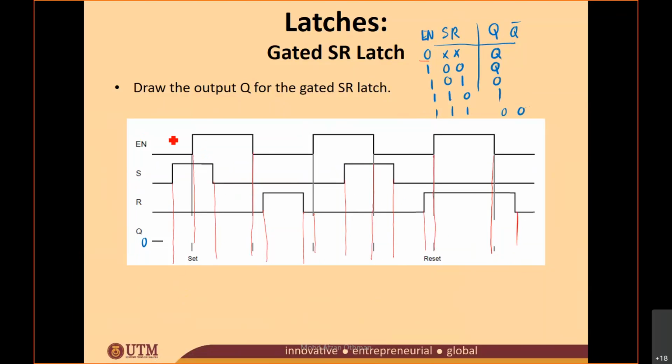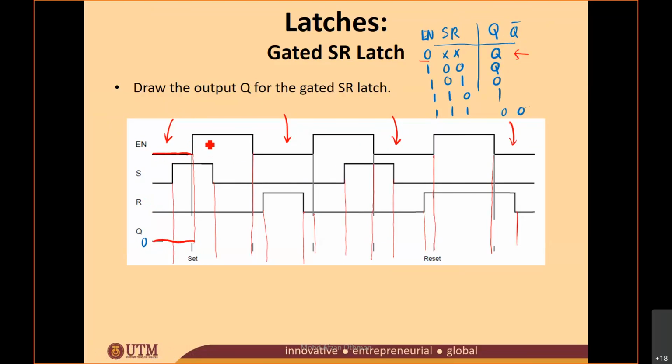So what we're going to do is kita cari dulu yang enable kita sama dengan 0. Sebab kita tahu bila enable sama dengan 0, Q akan follow the previous Q. So daripada sini ke sini, because this enable is 0, Q akan jadi 0 sampai situ.